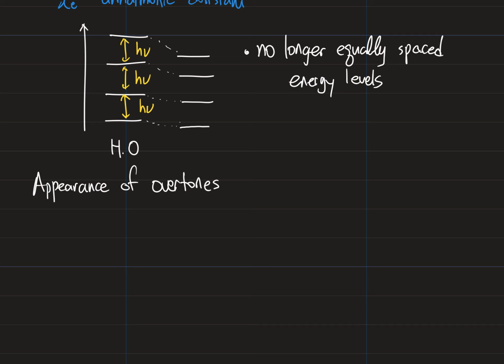So in the harmonic oscillator, the selection rule is given as delta v equal to plus or minus 1. But when you include the anharmonicity, this selection rule is a little bit relaxed. That means with this anharmonicity, we start to observe transitions for delta v equal to plus or minus 2, plus or minus 3, something like this.